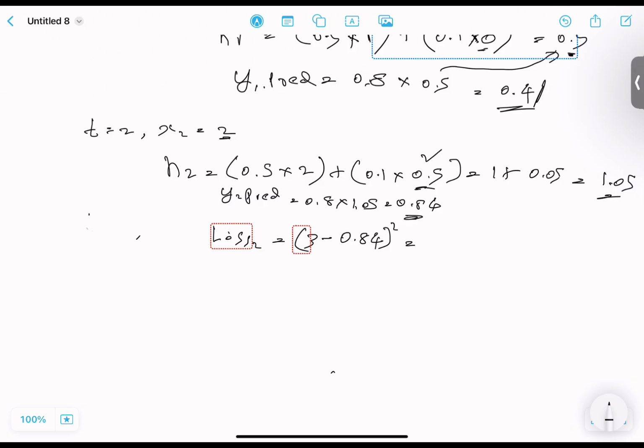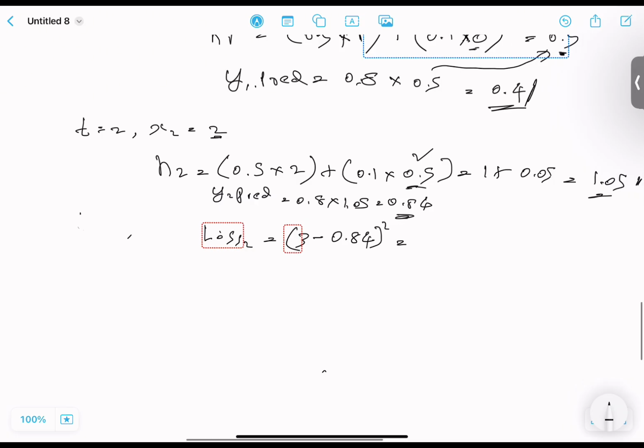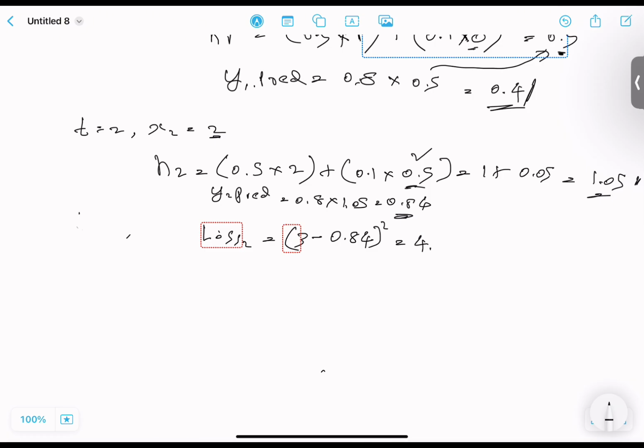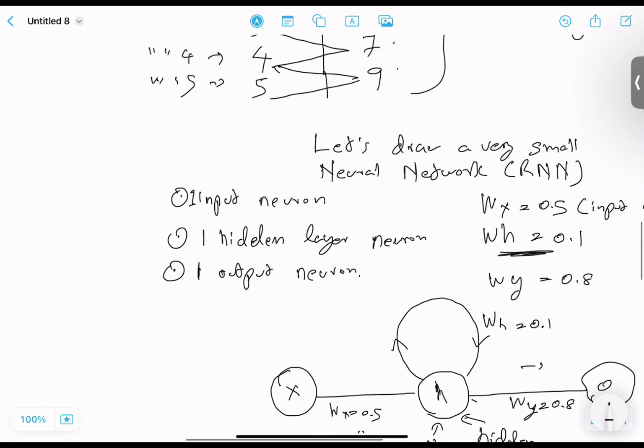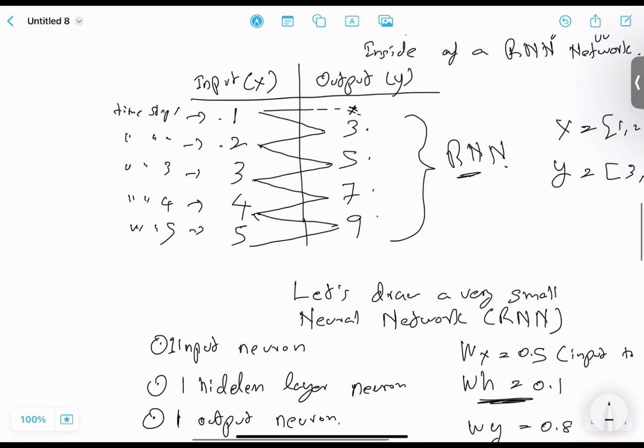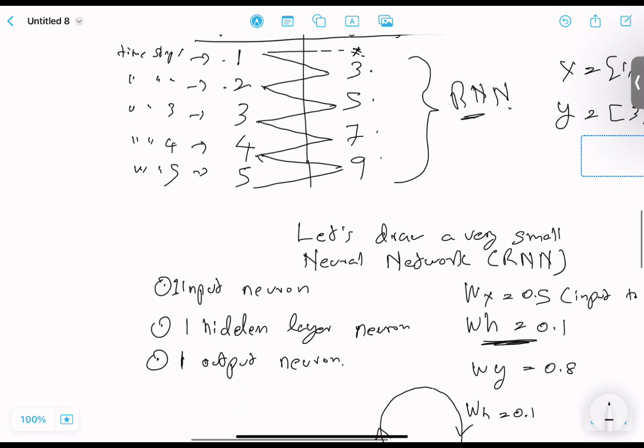So this will be the loss. Where does this 3 come from? 3 came from our output parameter. At time step 1 we input 1, but there is no output. At time step 2 we inputted 2 and the output was 3. So this is that 3.